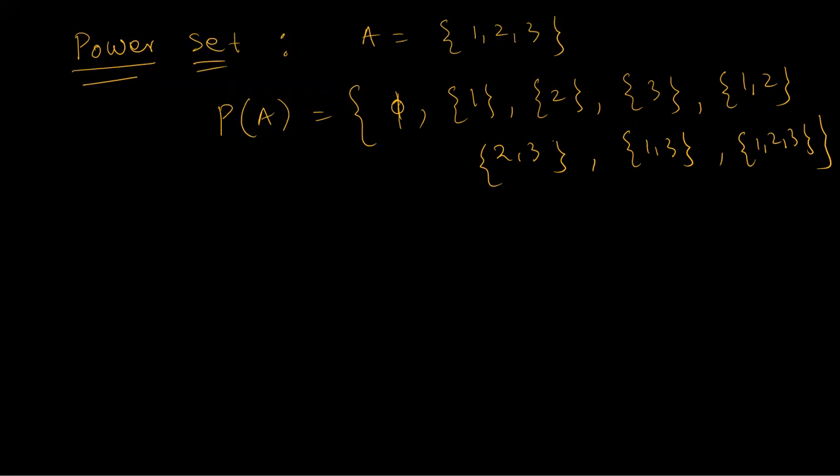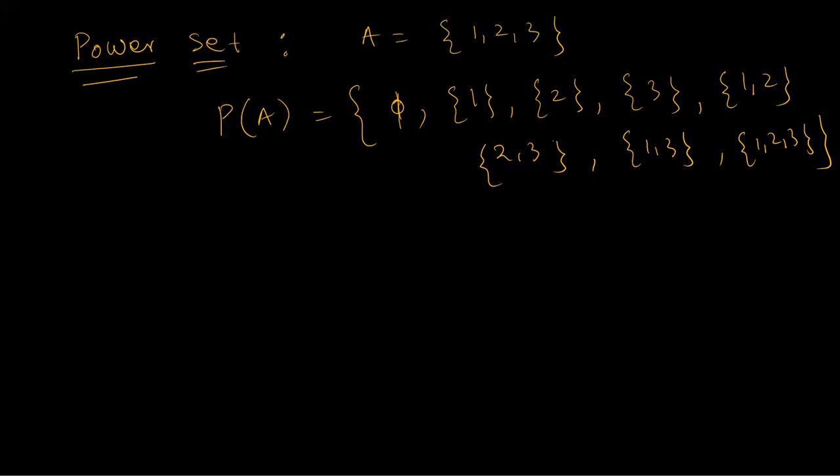So this is a power set. Power set means all the possible subsets of a set. That is nothing but a power set. More than this, subsets are not possible to define.